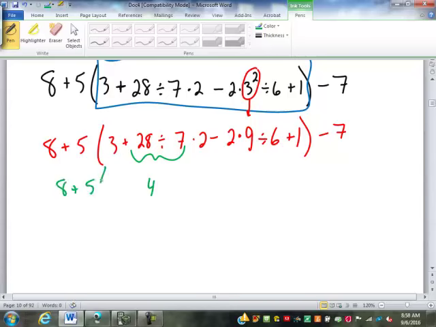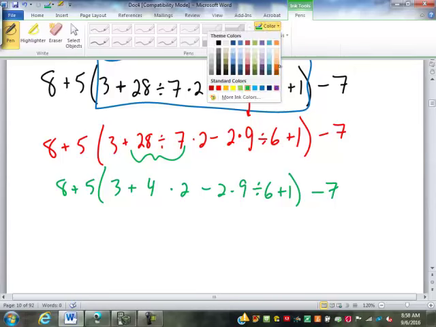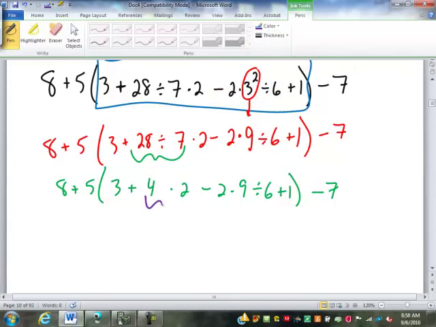Again, nothing else changes. And then 4 times 2, which is 8. So we take out the 4 times 2 and replace it with 8.